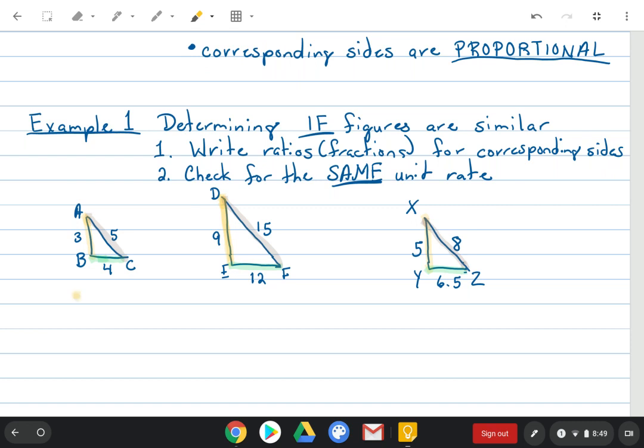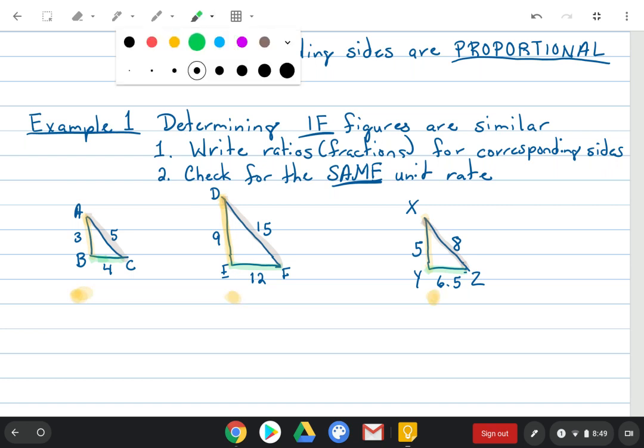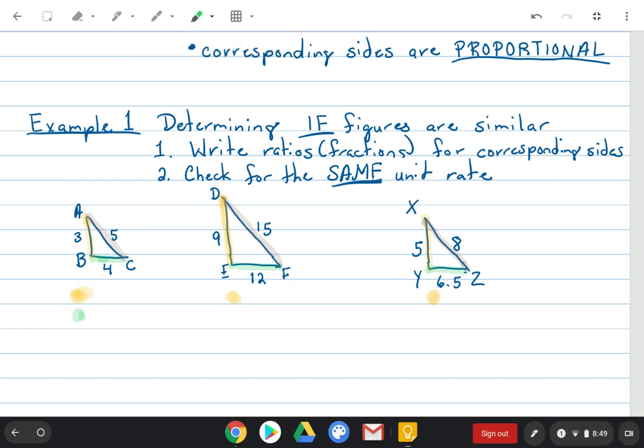For each of my triangles, I'm going to write ratios of the yellow side to the green side, and see what happens, okay?